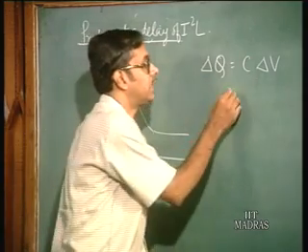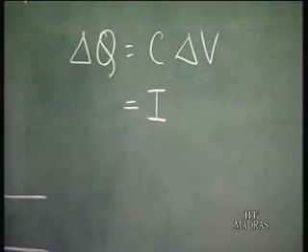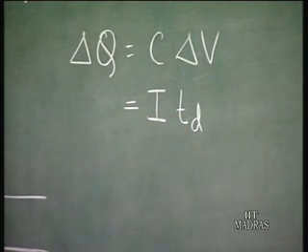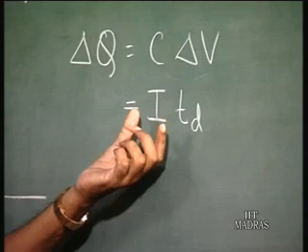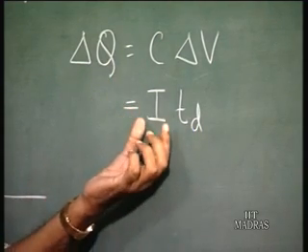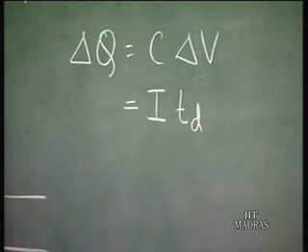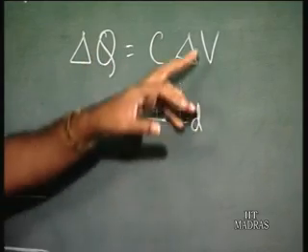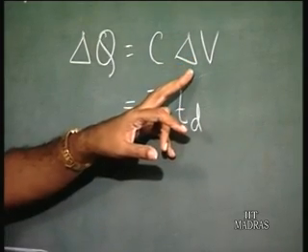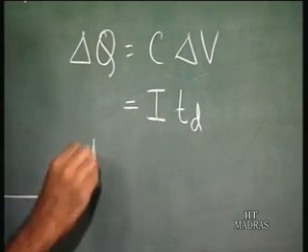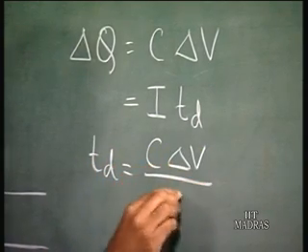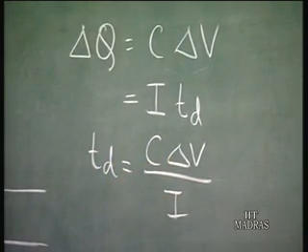So, if you are charging with a constant current I, it will take a time, say Td. So I into Td is that delta Q. If you are passing current I for Td, you require this. So Td is the time required for the voltage across the capacitance to change by delta V. And from this you get Td is equal to C delta V by I. That is very well known.